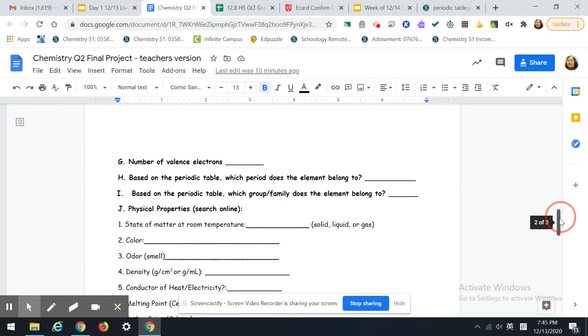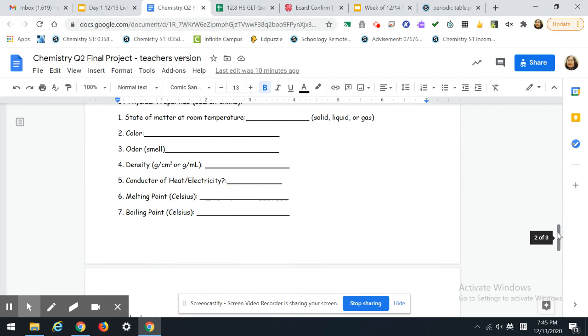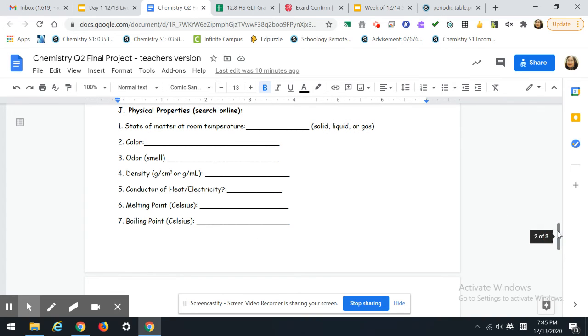The next thing is asking you about the physical properties of the element. Please make sure this is talking about the single element, not any products of the element. For state of matter at room temperature, for example, oxygen is a gas, and carbon normally is a solid.